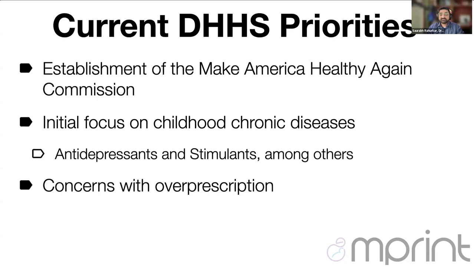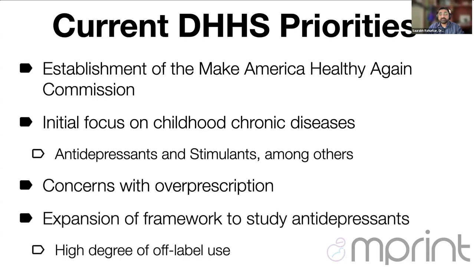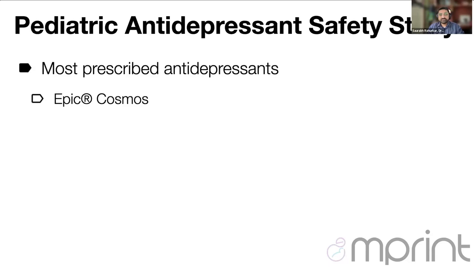So we are now applying this same real-world data, MPRINT KB, and FAERS framework to antidepressants, a class with a particularly high degree of off-label use in children. So this is structured as a target trial design like the previous study, and it's grounded in real-world data.